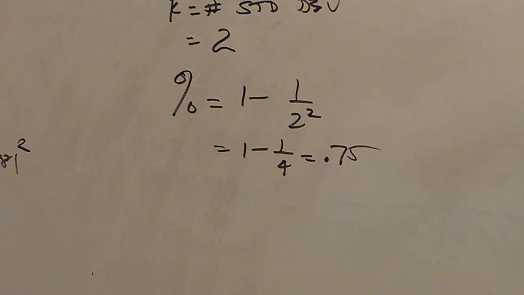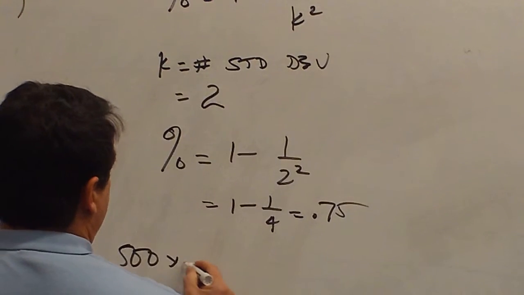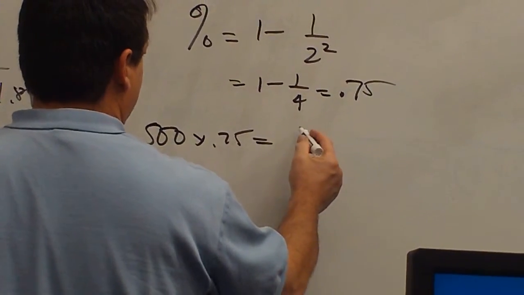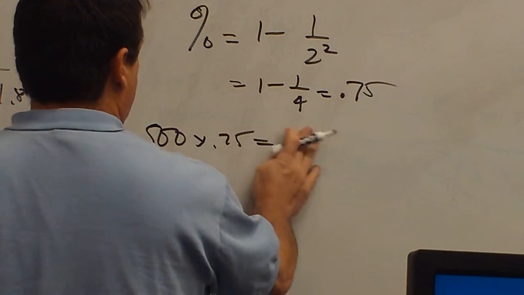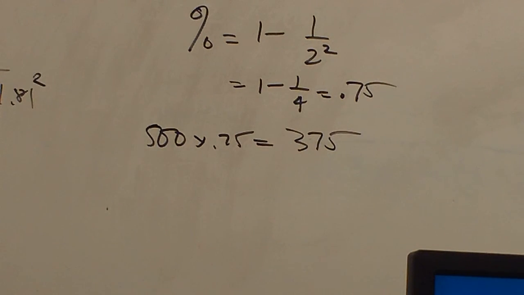So 75% of all runners will fall within 2 standard deviations of the mean, if we do not know the shape of the distribution. How many will we have? 500 times 0.75, which is 375 runners.